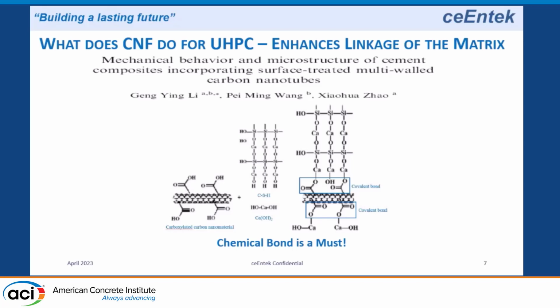When we manufacture the carbon nanofiber, our process is designed specifically to enhance the surface of the carbon nanofiber, to enhance the bond with the calcium silicate hydrate. And that is what we spend a lot of time in our reactor trying to perfect.